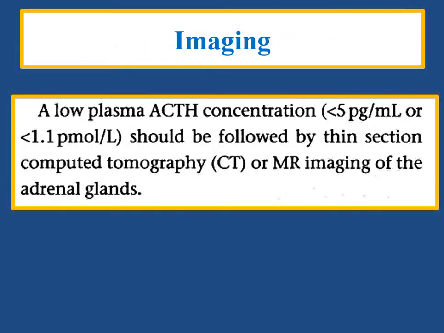A low plasma ACTH concentration, less than 5 picogram per milliliter or less than 1.1 picomole per liter, should be followed by thin section computed tomography or MRI imaging of the adrenal glands, because dramatic suppression of ACTH usually is a result of adrenal gland cancer or adrenal gland adenoma.